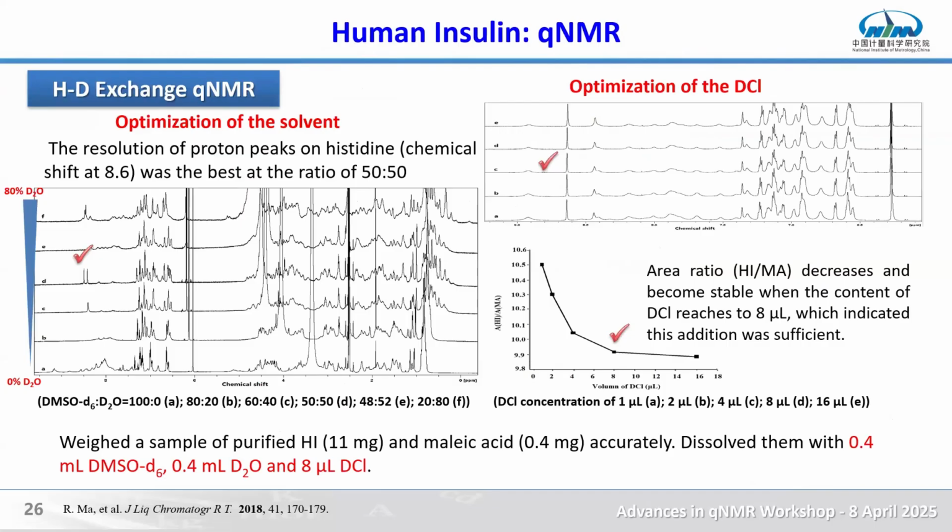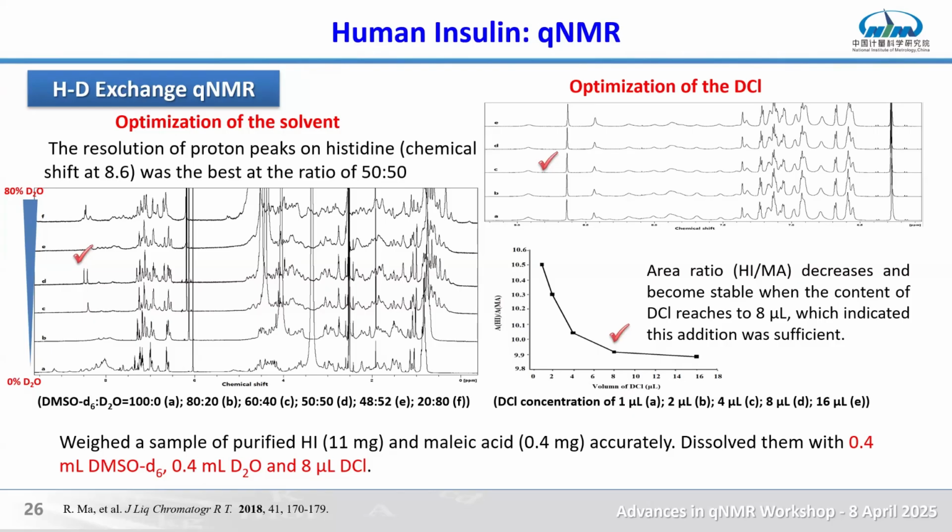Maleic acid was used as internal standard and mixed with purified human insulin, and the dissolving solvent was deuterated dimethyl sulfoxide spiked with deuterium oxide, and the best resolution was achieved at 50% deuterium oxide.